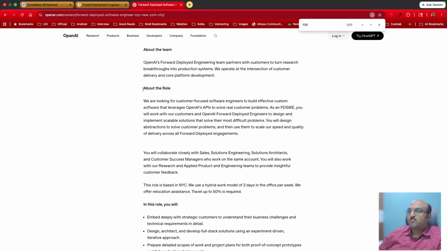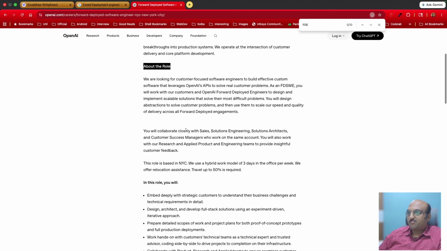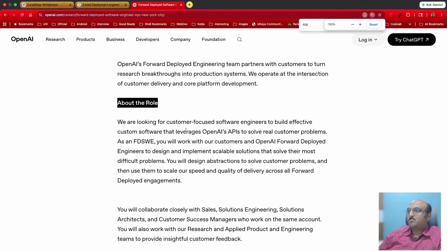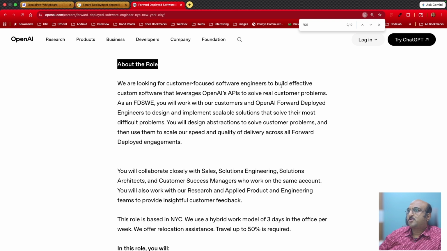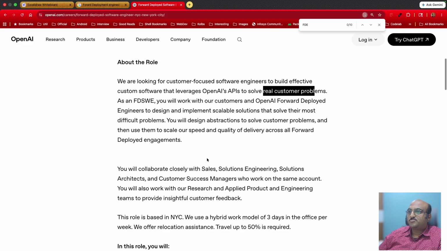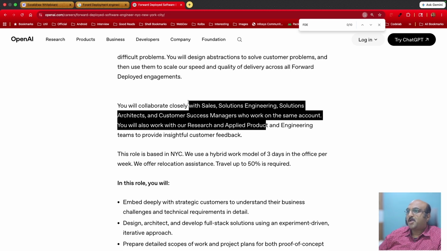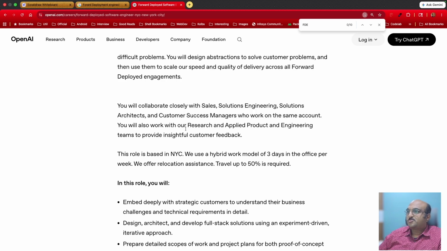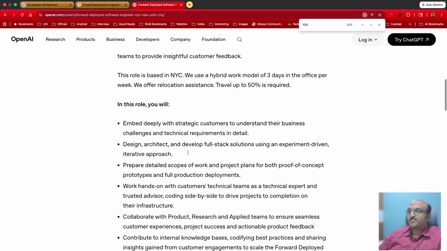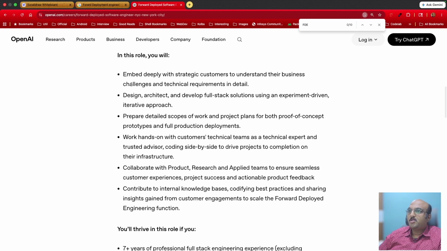So if you talk about what the role is, we are basically looking for customer focused software engineers to build custom software that leverages OpenAI APIs to solve real customer problems. They will be collaborating closely with various departments and the client locations, and they will also work with research and applied product engineering. So what this role will be like: deeply embed with strategic customers to understand their business.